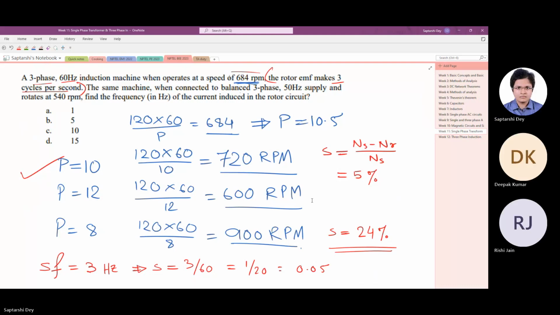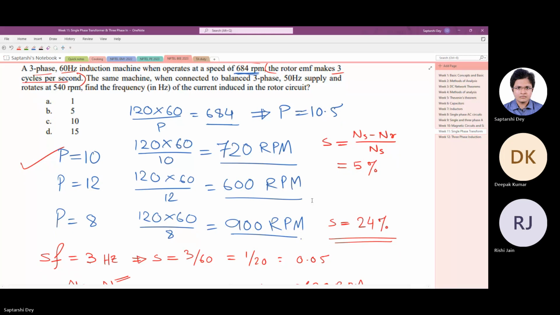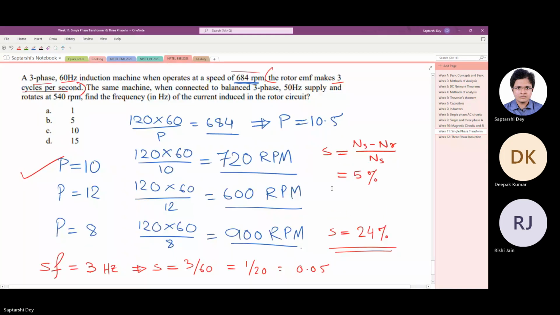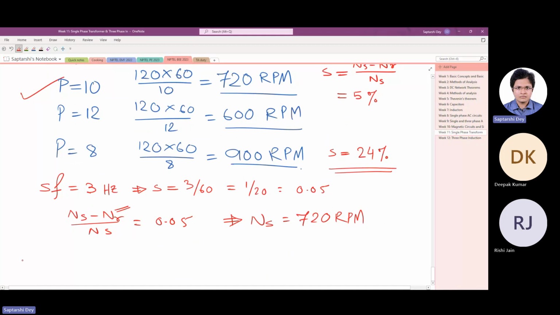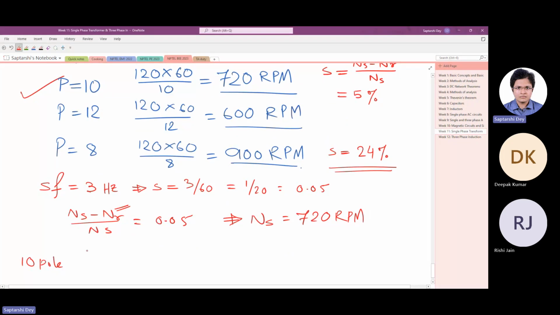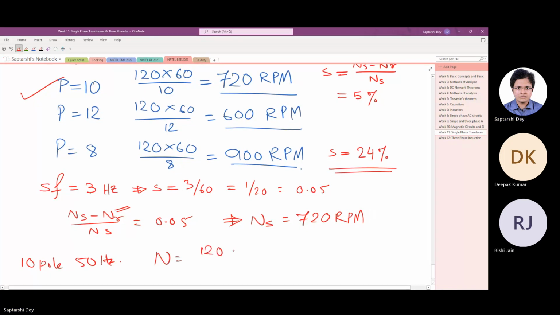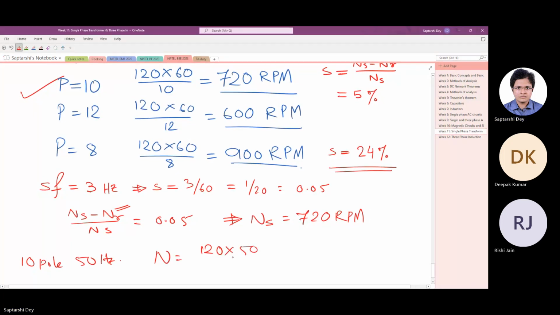The same machine, when connected to this supply, the frequency of the current. All right, so 3-phase 50 Hz. Now the same 10-pole machine is connected to a 50 Hz supply. What is the synchronous speed? It is 600 rpm.